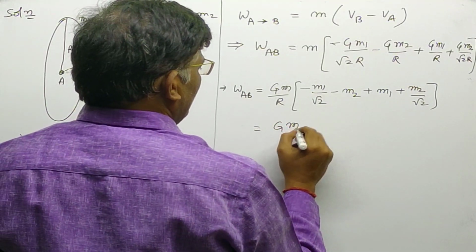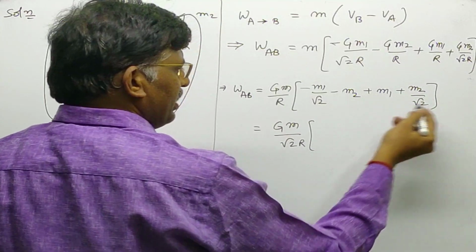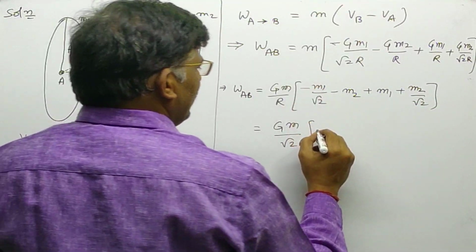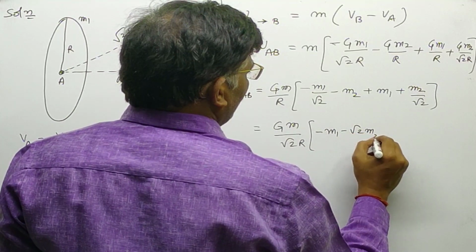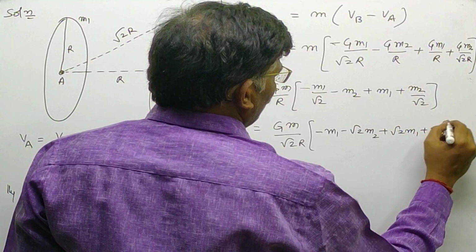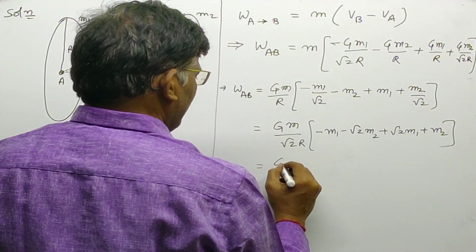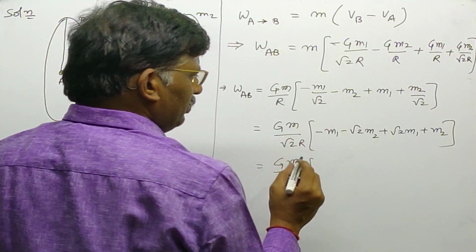Taking the LCM as root 2 R, we get Gm divided by root 2 R into minus M1 minus root 2 M2 plus root 2 M1 plus M2.